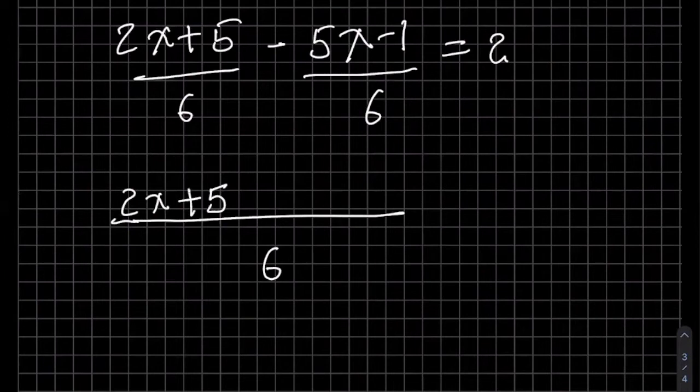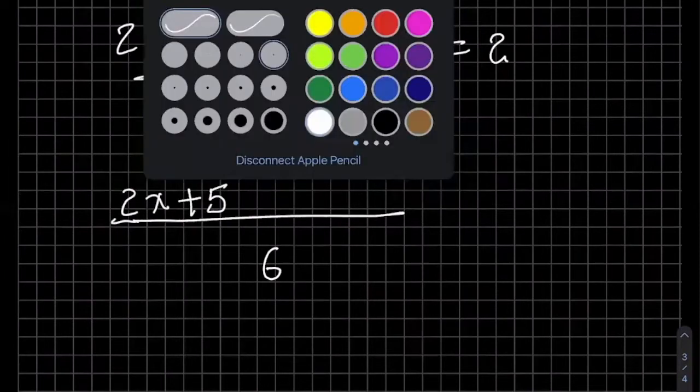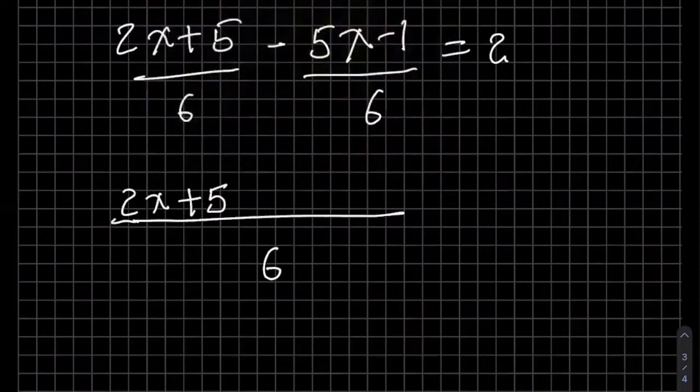So here is the most important part of this step. Here we have negative, which is the reason that many students get wrong in this kind of problem. We have to be really careful because it's negative in here.